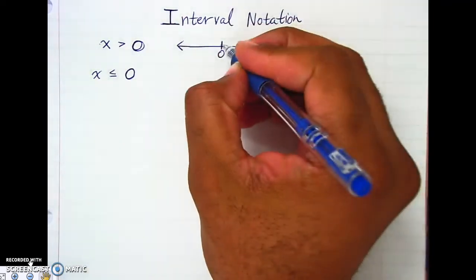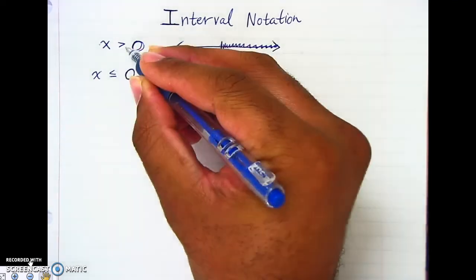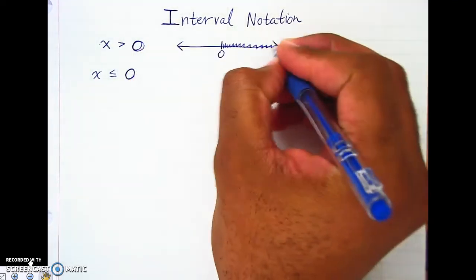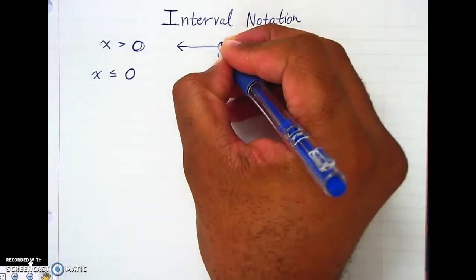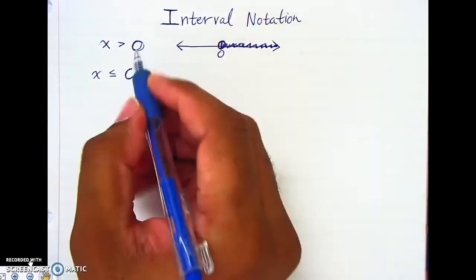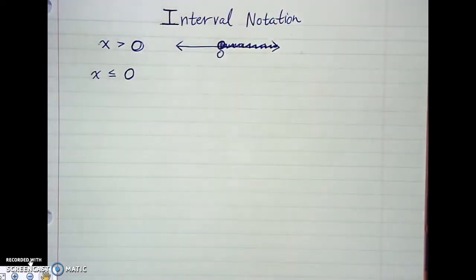So here, we know we shade over here because the inequality says x is greater than 0. So it's bigger than 0. And what we did originally was put an open circle there because there was no equal sign here. A greater than or less than sign was an open circle, and then greater than or equal to was a closed circle.